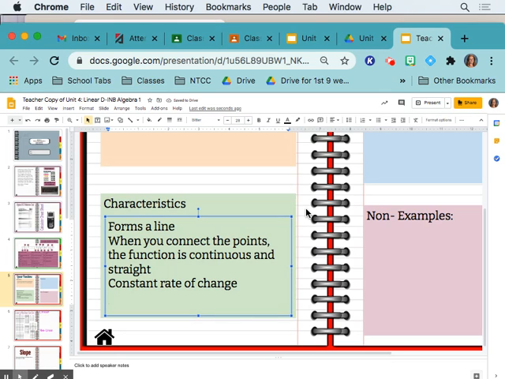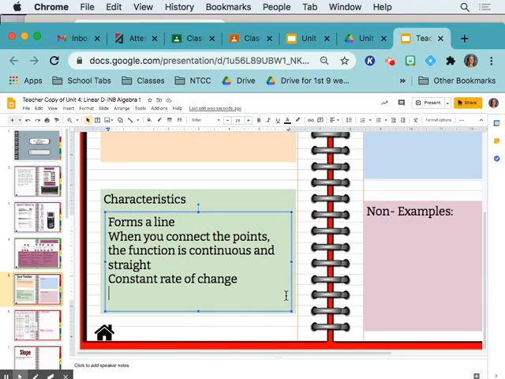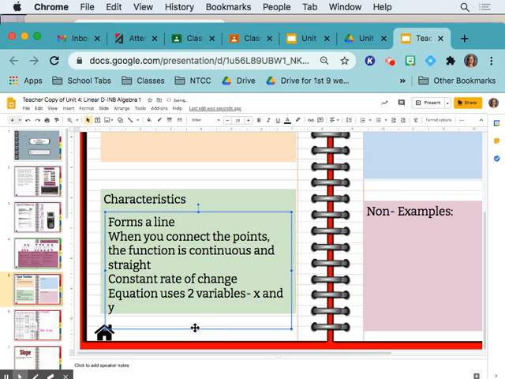Remember, rise over run as your constant rate of change. And then the equation uses two variables, usually x and y. But if it's in some kind of situation, it might be two different variables.